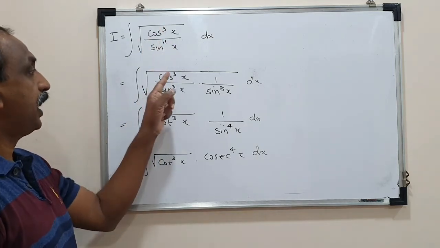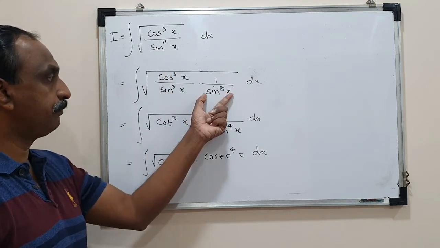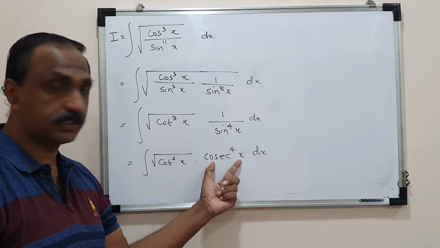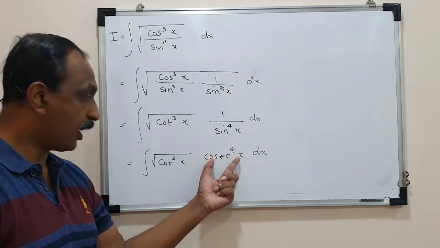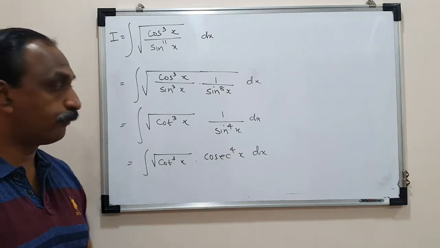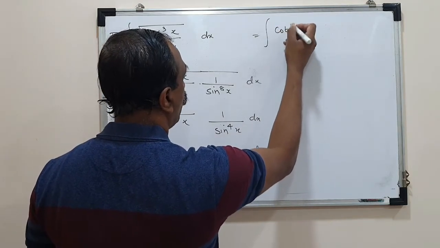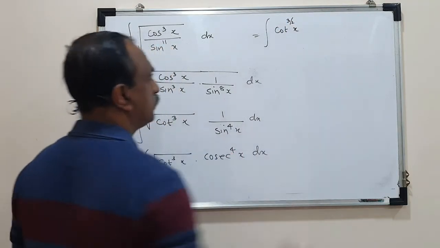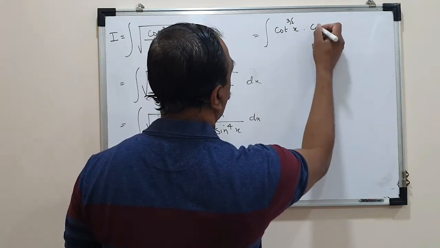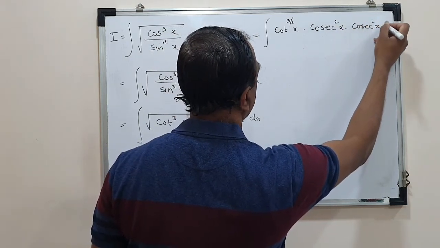So what I did, I wrote it as sin cube x so that I can combine them, and this becomes 1 upon sin raised to 8, became sin raised to 4, became cosec raised to 4. Now I am very happy because cot x derivative is cosec square, but I have raised to 4. So I'm going to split it. I can write this as cot 3 by 2 x, root is half, so 3 by 2, into cosec square x into cosec square x dx.